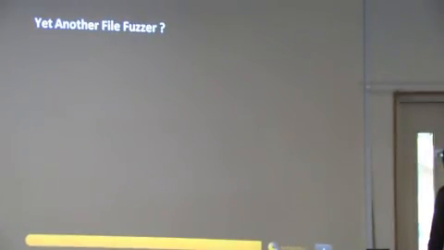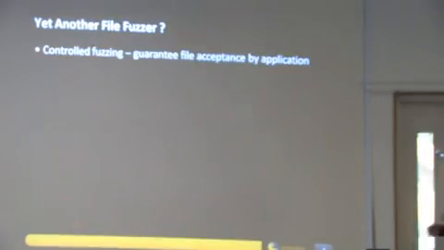Now, we have so many FileFuzzer tools existing which deal with different kinds of approaches to generating fuzzed files. Then why do I need a separate tool again? The motivations are like this.